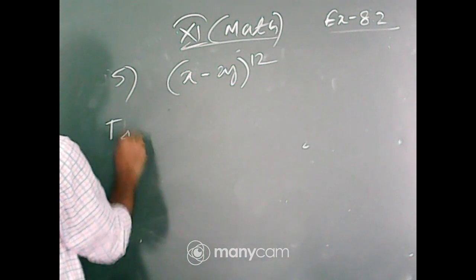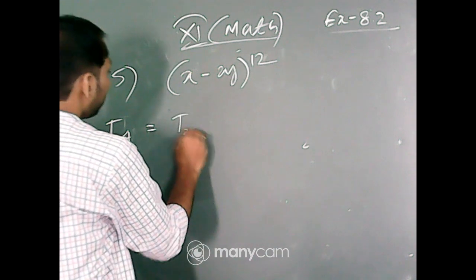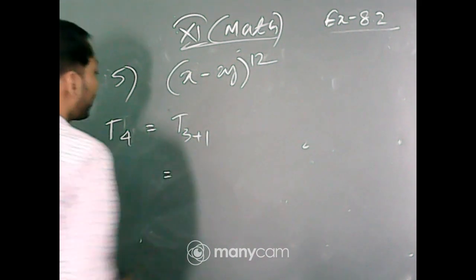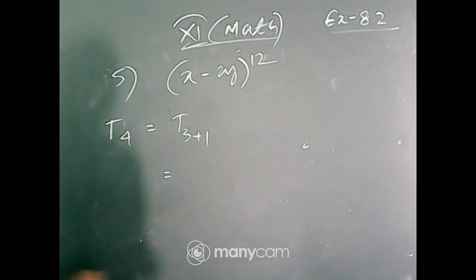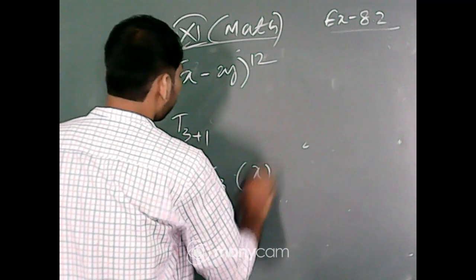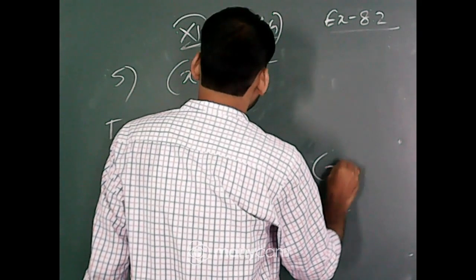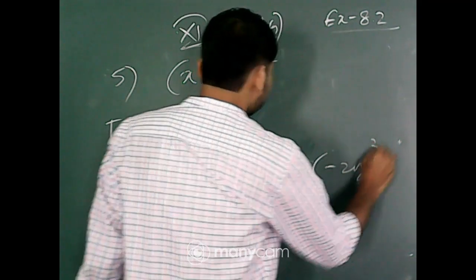Fourth term means T4. That means you may write here T(3+1). So here r equals 3. So it will be 12C3 into x to the power 12 minus 3 into minus 2y to the power 3.